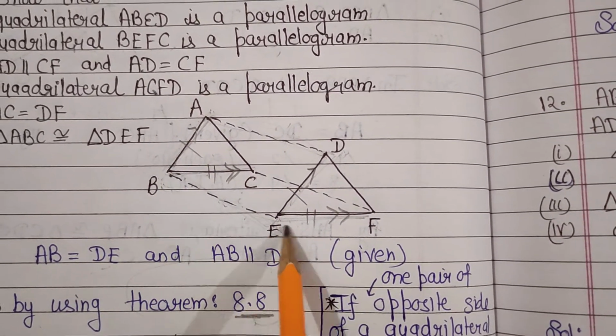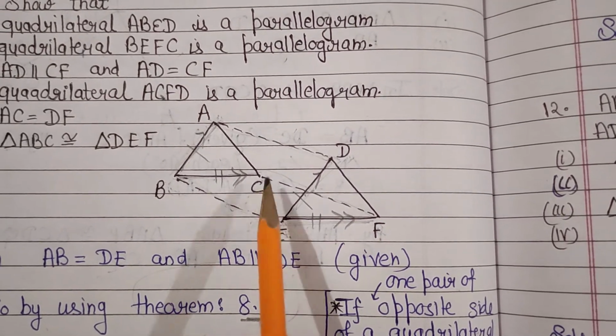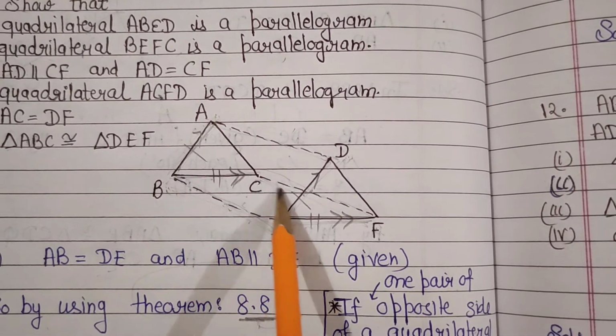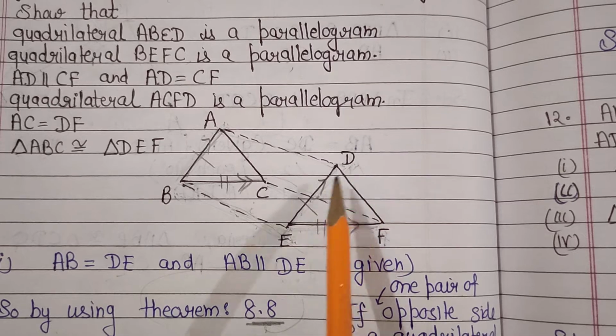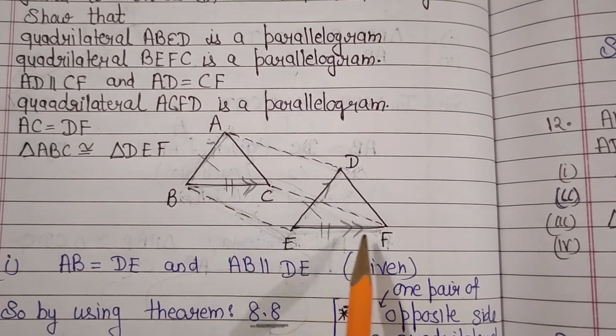And for the second part, BEFC is again a parallelogram, so BE is equal to CF and BE is parallel to CF. So we can say that AD is equal to CF and AD is parallel to CF.